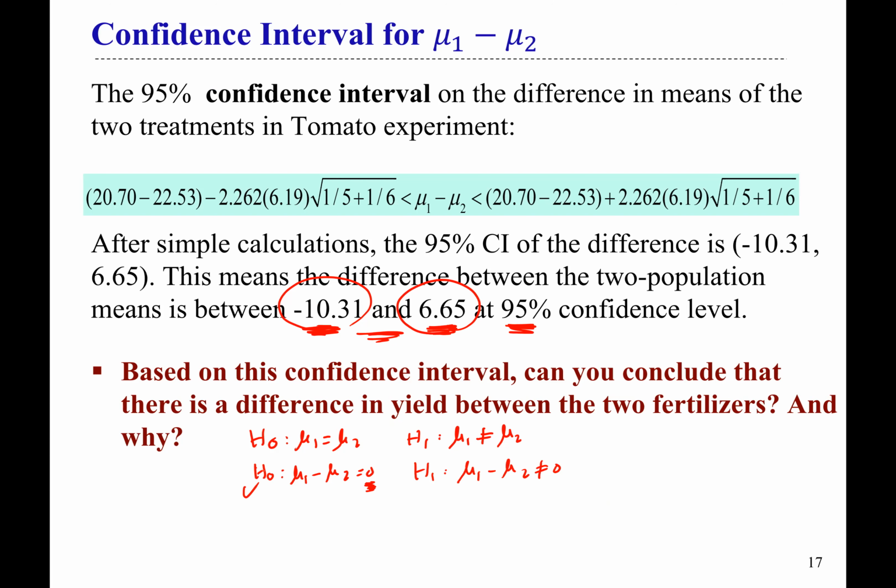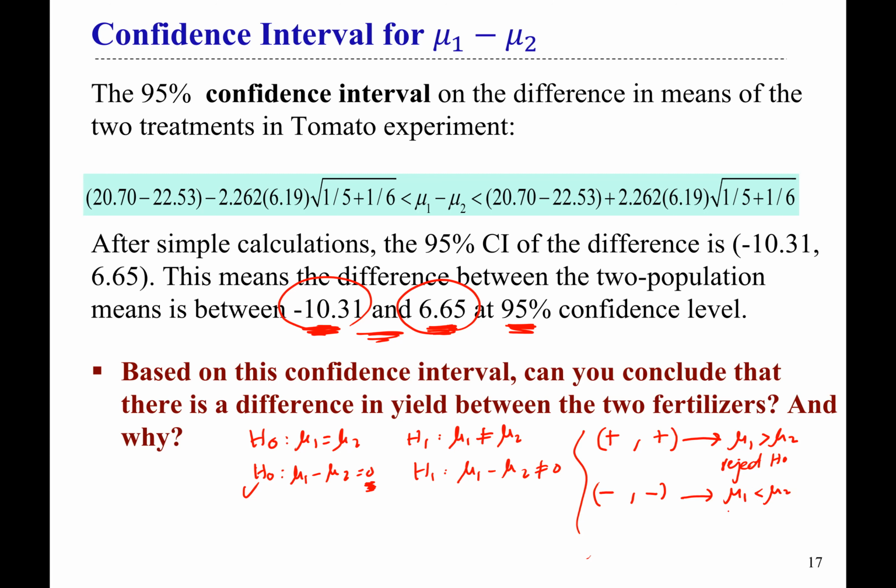So in general, how do I use the confidence interval to do a test of hypothesis? If the lower limit is positive, upper limit is positive, you conclude that mu1 is greater than mu2. It means you reject H0. If the lower limit is negative, upper limit is negative, you conclude that mu1 is less than mu2.